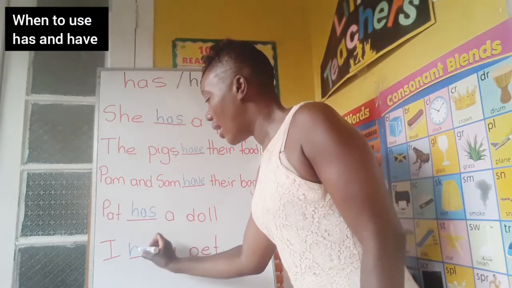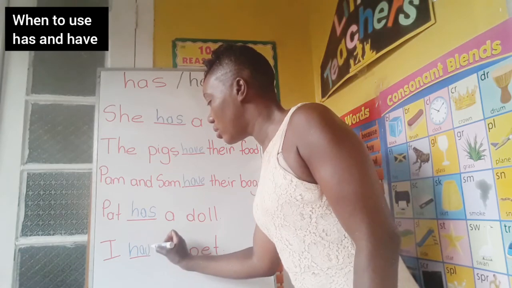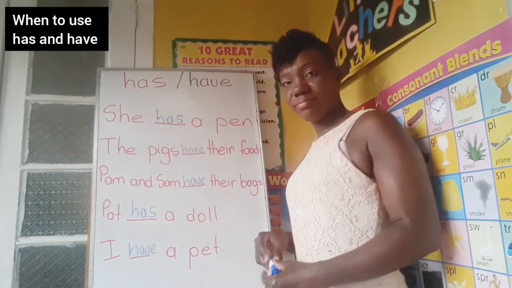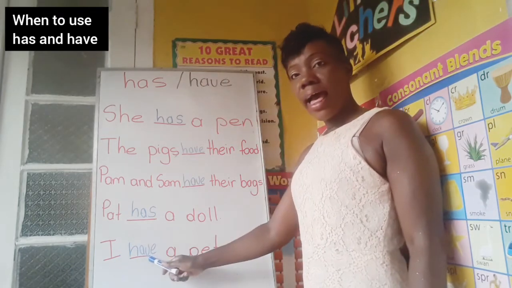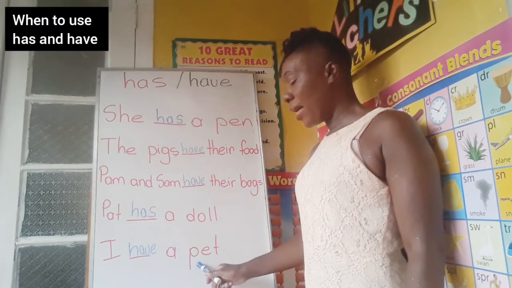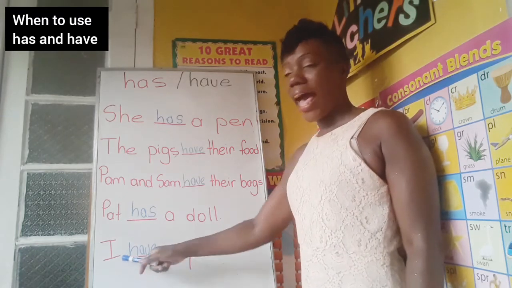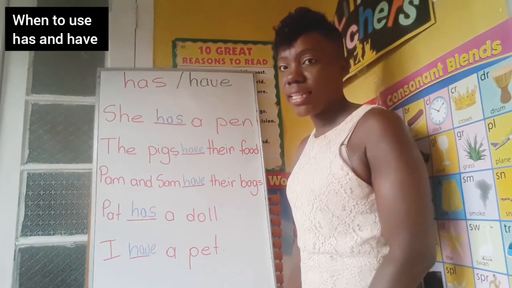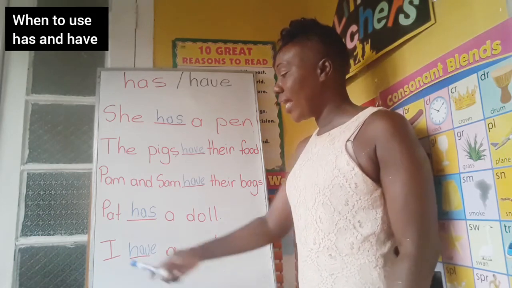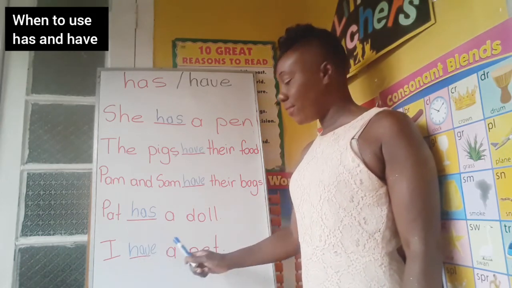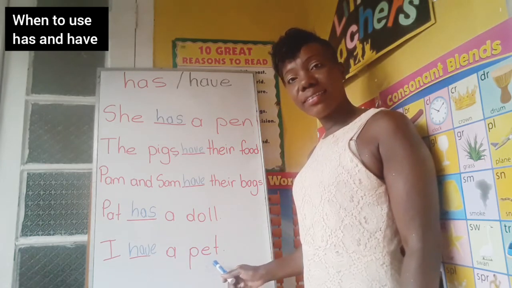So have. I have a pet. You don't say I has. We don't say that in the English language. We say I have a pet.